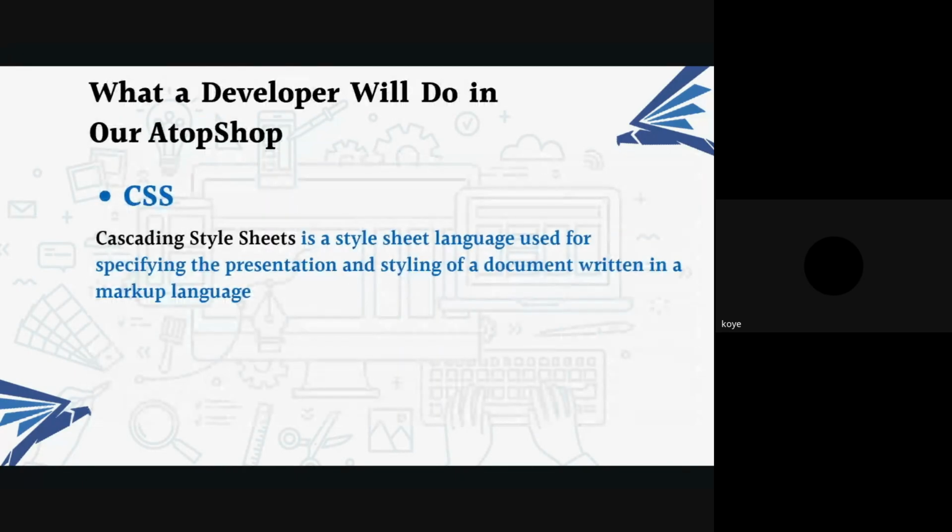CSS stands for Cascading Style Sheets, and it's a style sheet language used for specifying the presentation and the styling of the documents, which we have written in a markup language. The markup language in this instance being HTML. CSS is used to style the HTML. So we use it to make the HTML document look good.